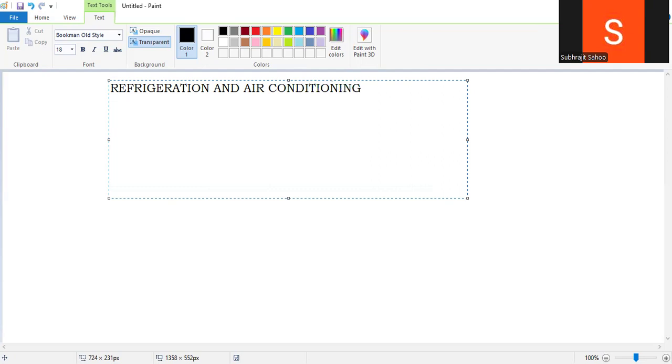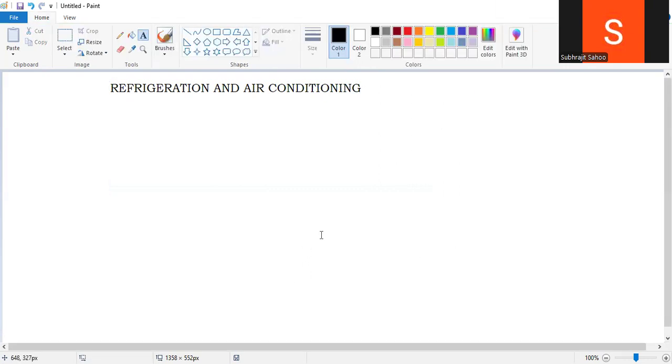What are the things we are going to study here? Let me first list those things. What are the things we are going to study in refrigeration and air conditioning? It is a very big subject. A lot of things are there to know, and all these concepts are very interesting because it is the application of a particular subject.